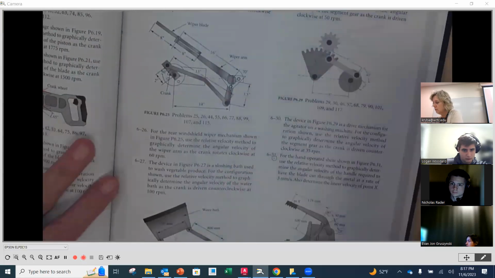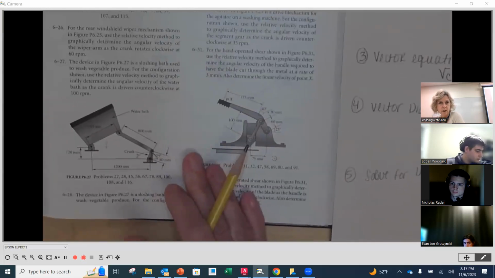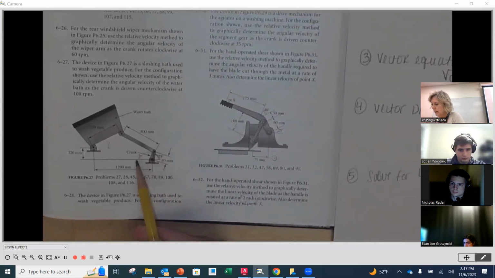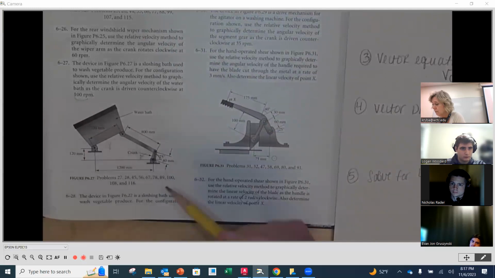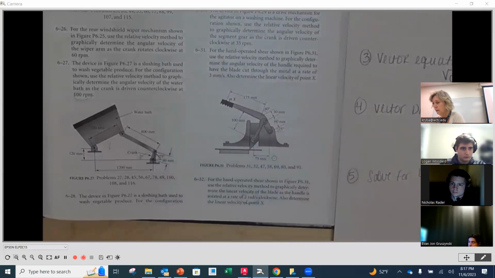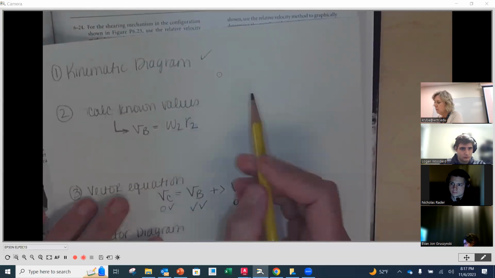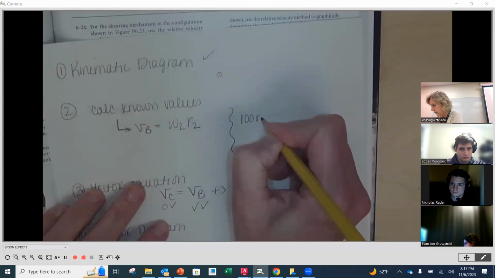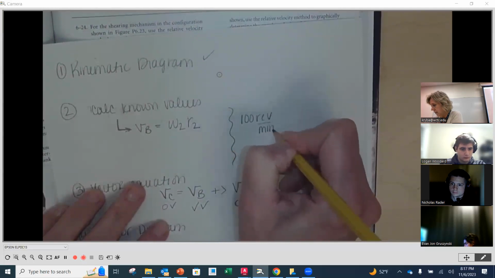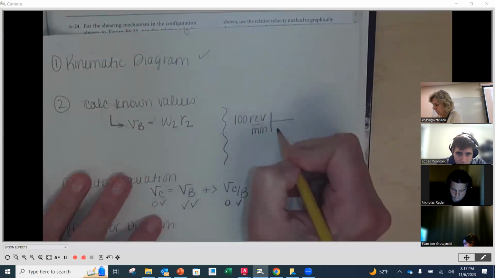If we go back to our problem, it says our crank is rotating counterclockwise at 100 RPMs, and the length of that crank is 80 millimeters. So we know R to be 80 millimeters, and we have to calculate W2. We need to convert 100 revolutions per minute to radians per second.